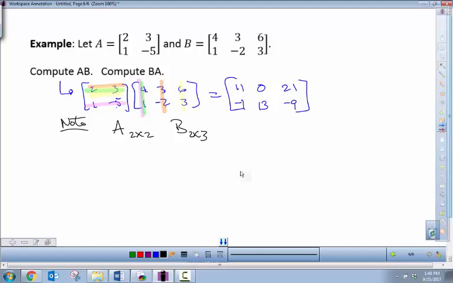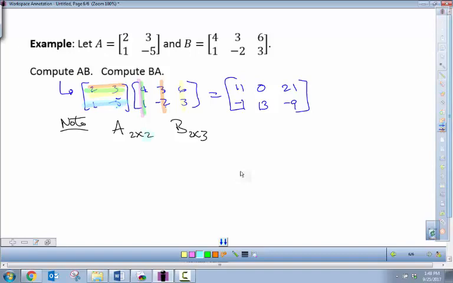Notice when we're doing the dot products, whenever I swipe my highlighter in the first matrix, I'm counting the number of columns that I have.